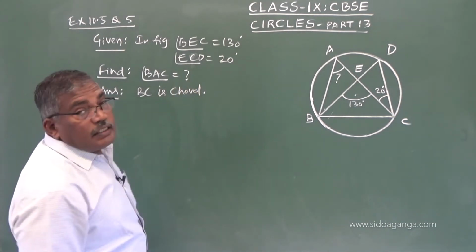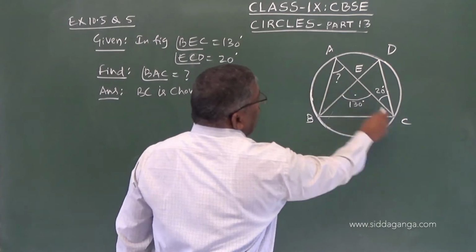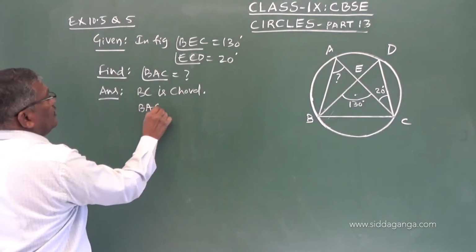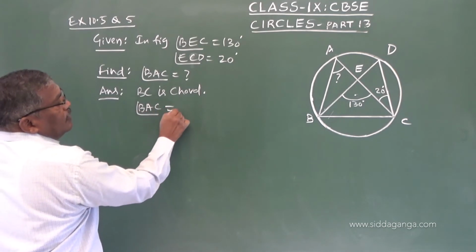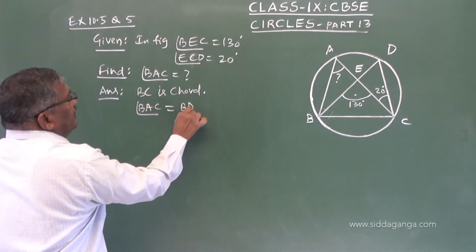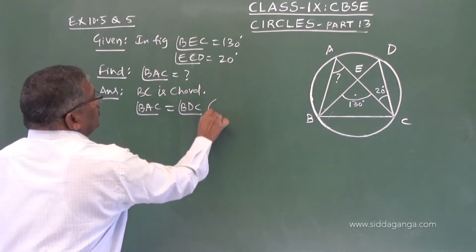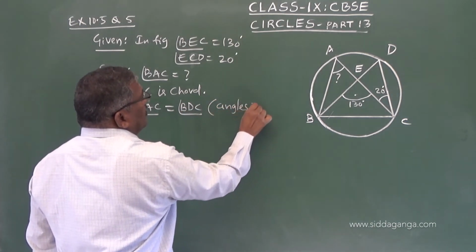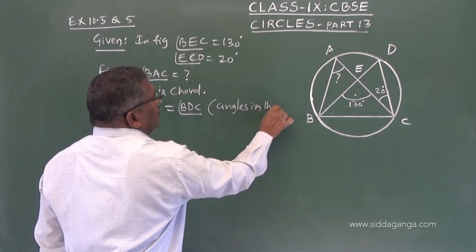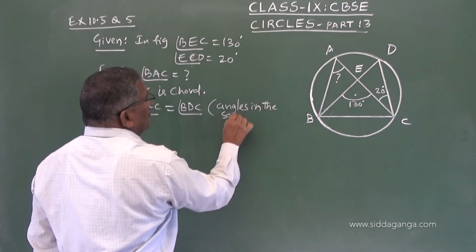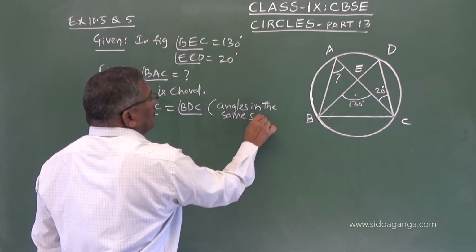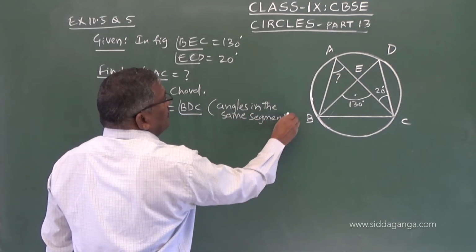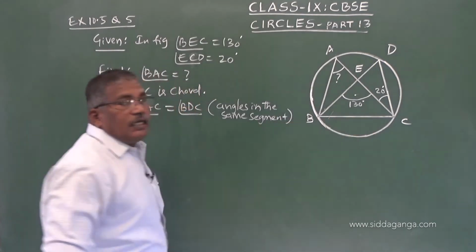So considering this chord, angle BAC is equal to BDC. So angles in the same segment subtended by single chord BC.